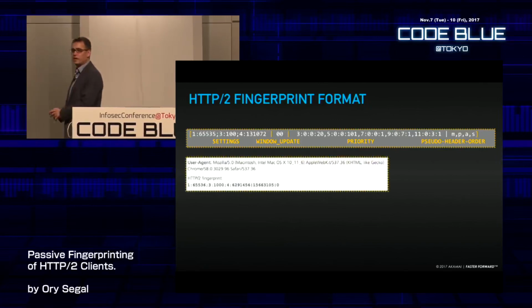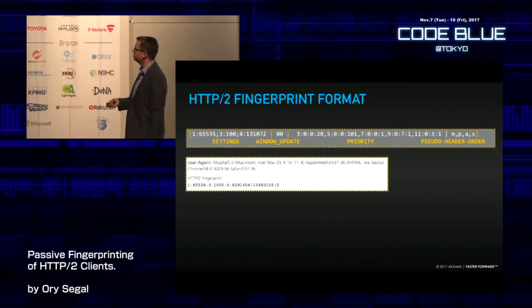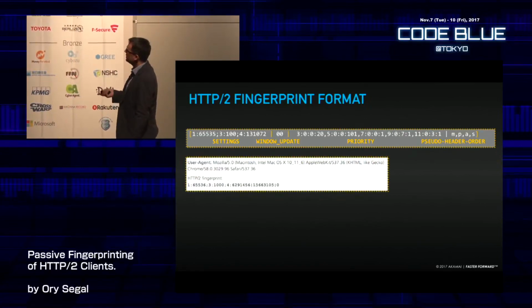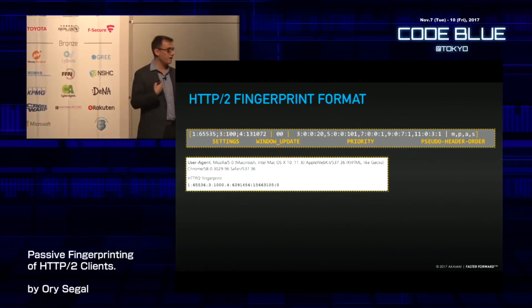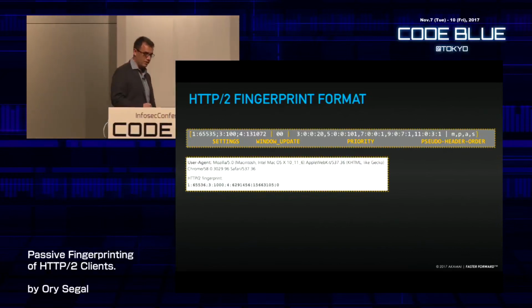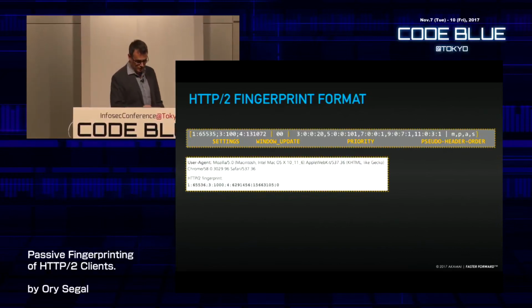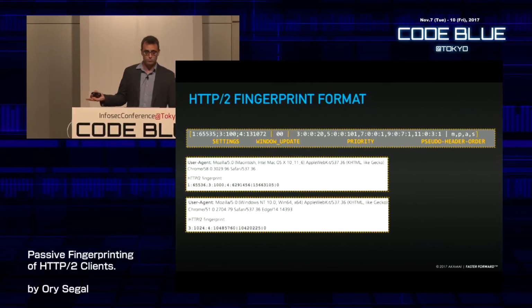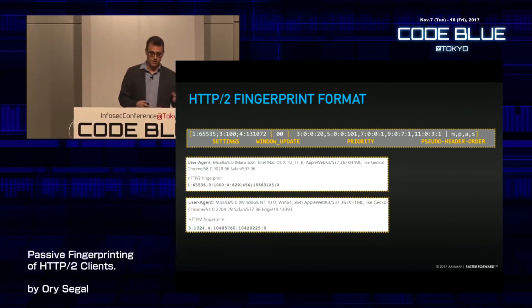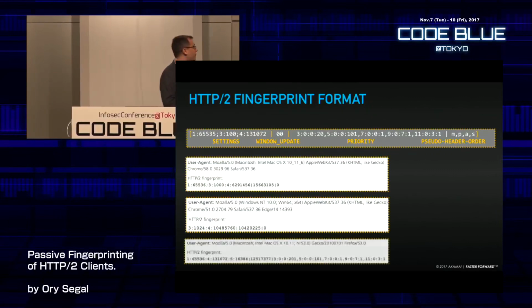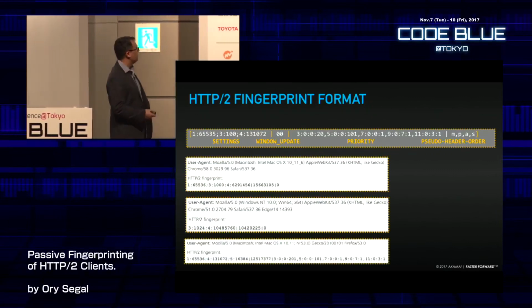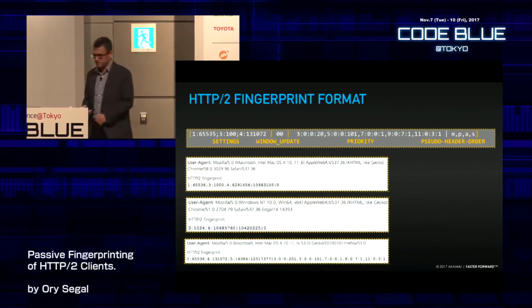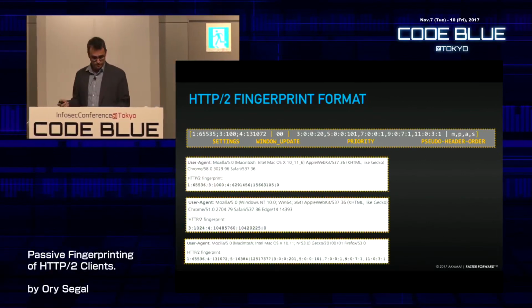Let's take a look at a few real world examples from clients. This is Chrome 58 on my MacBook Air. I updated since then. And you can see the fingerprint here. This is Microsoft Edge browser on Windows. Again, different fingerprint. This is Firefox 53, installed on my Mac.